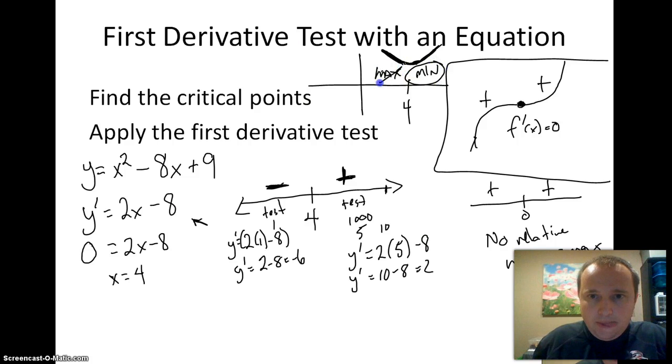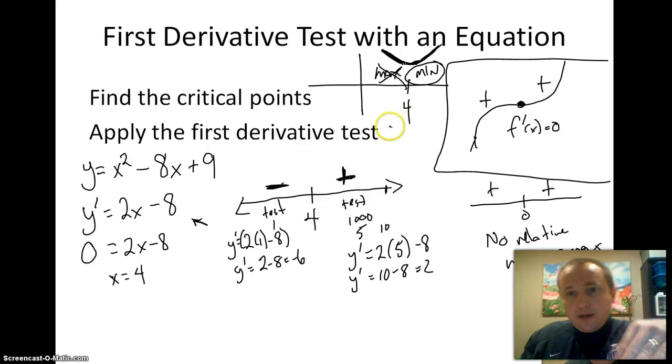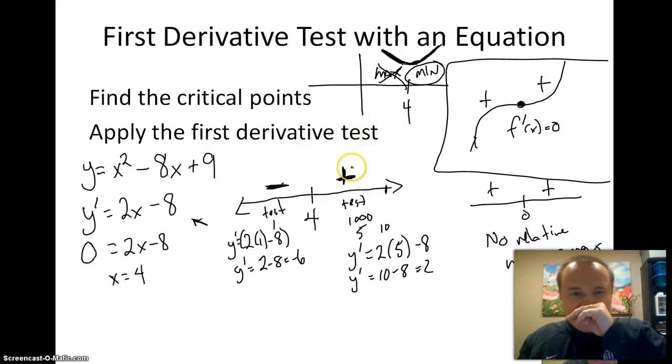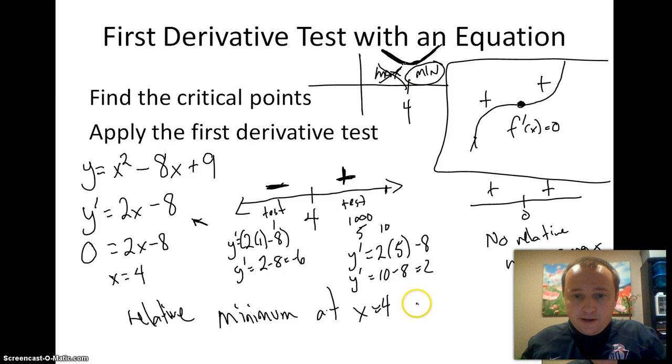I have a min. Because if I'm decreasing, my graph's going down, and then I'm increasing, so I have to have a minimum value. So I would say I have a minimum at x equals 4, a relative minimum at x equals 4 by the first derivative test.